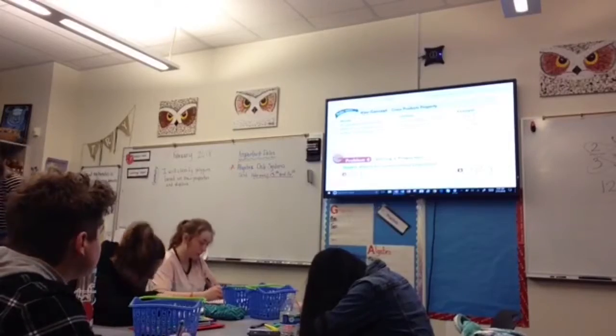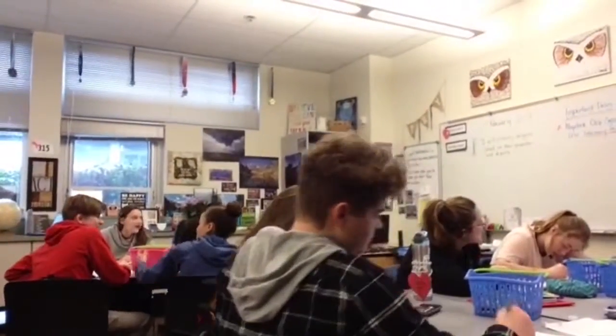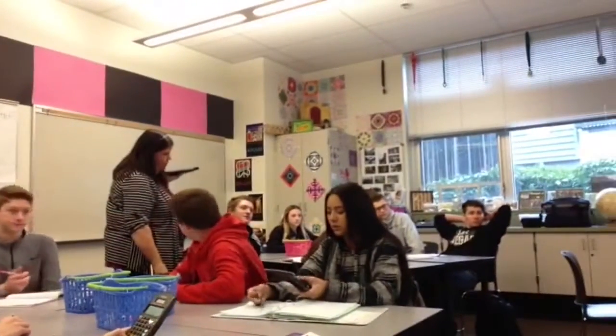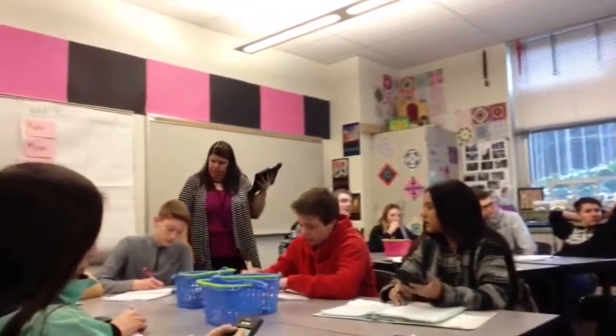One of you is doing A, the other's doing B. Rock, paper, scissors if you can't decide. Which one are you doing? B. You're doing B? B. Okay, my hint to you is to distribute. Okay, I use parentheses. Yeah, good.